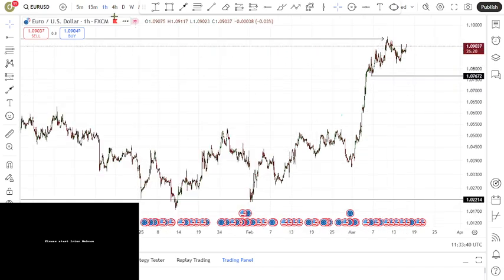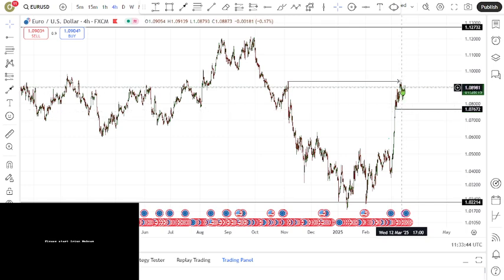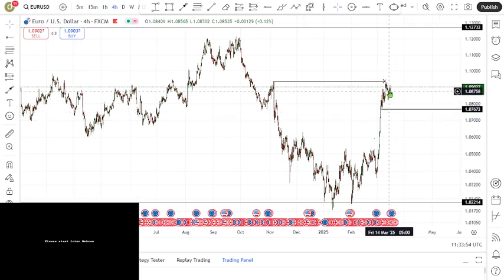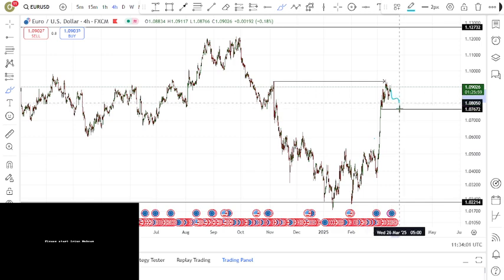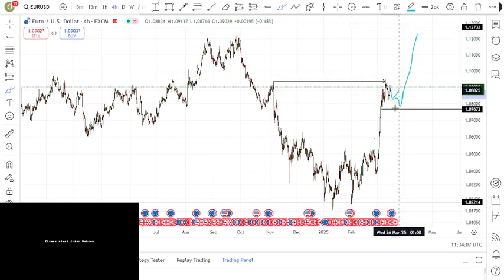Let me wait for clear structures. But this is not any clear structure. There is no clear structure here. I use a key inflection point on the 4 hour, but I'll be waiting for price to form a structure. I will tap into it and see if we are going to go to the upside. A clear 4 hour structure, and continue the move.